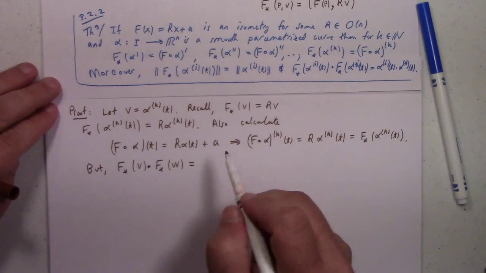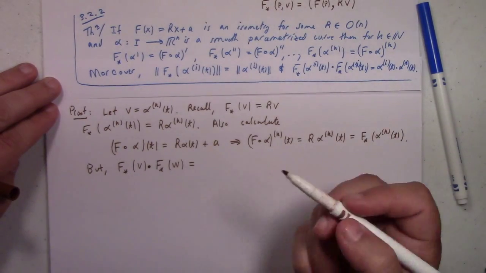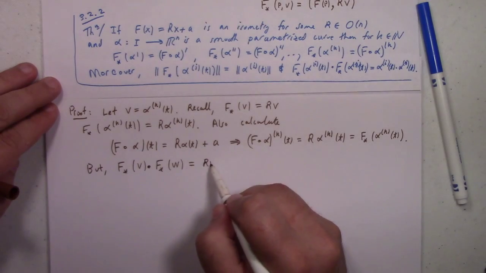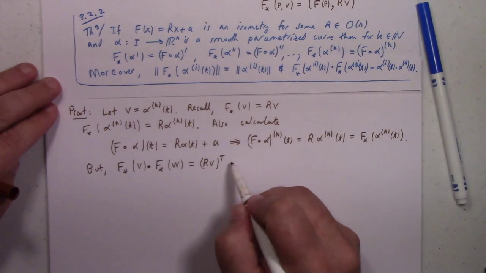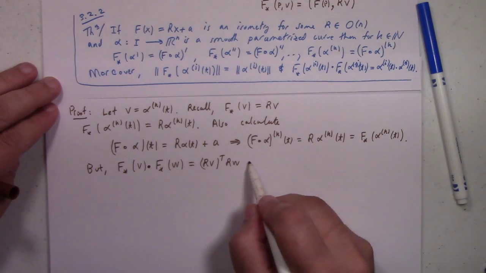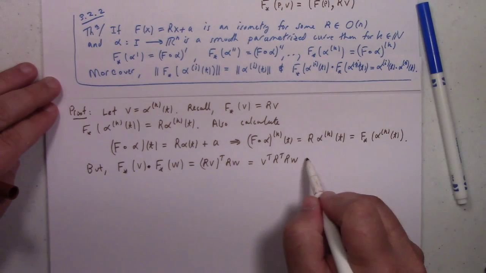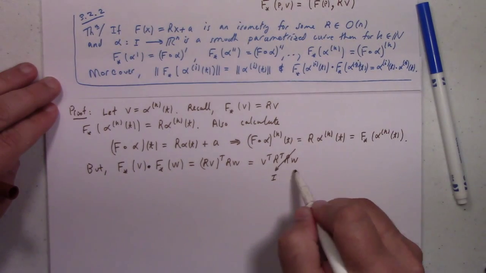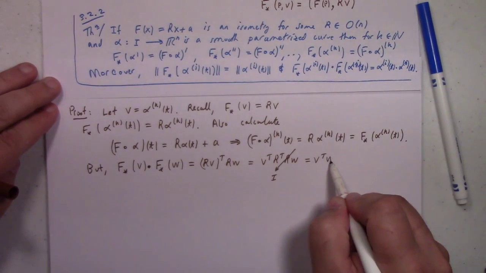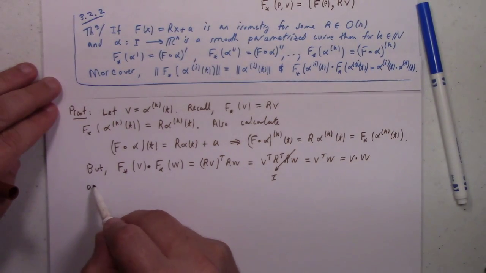Maybe we've already done this; I'm just doing it again. So that's Rv transpose times Rw, which of course is v transpose R transpose Rw, but that's the identity matrix, which gives us v transpose w, which is of course v dot w. So apply this identity.